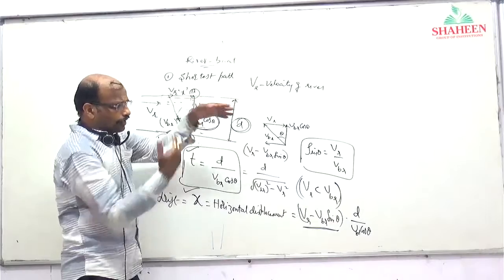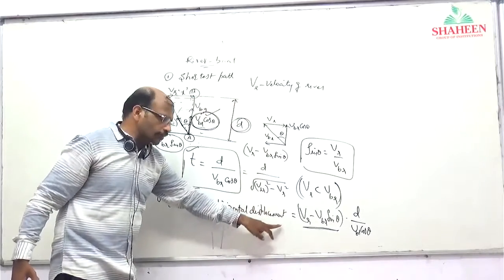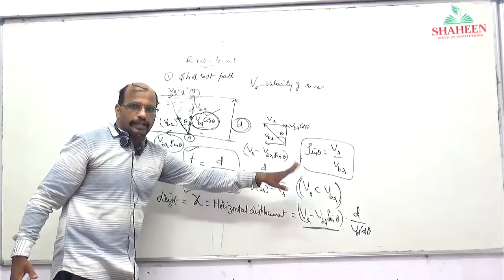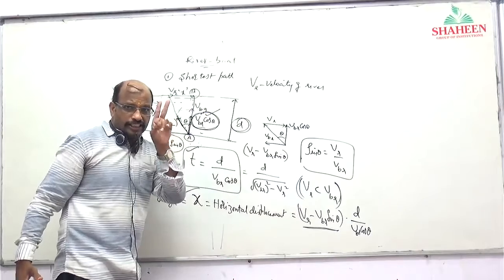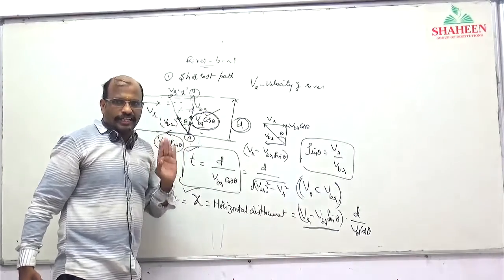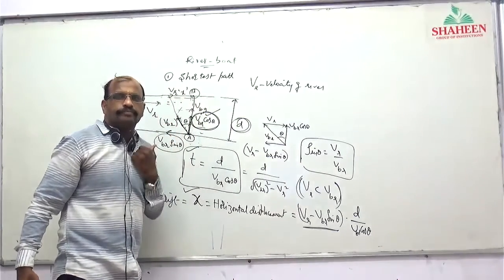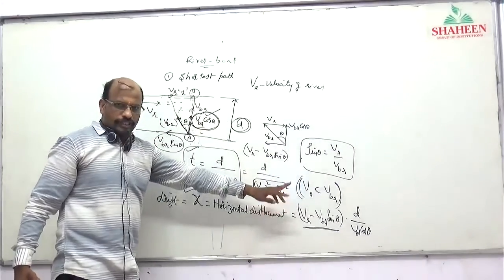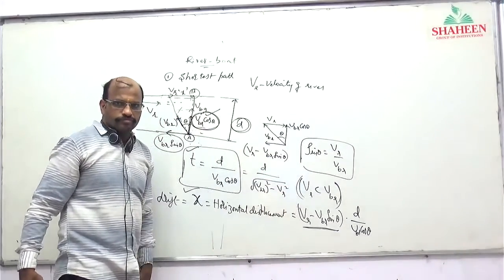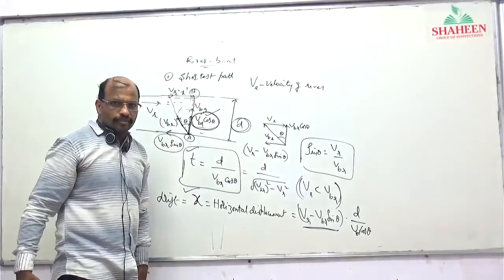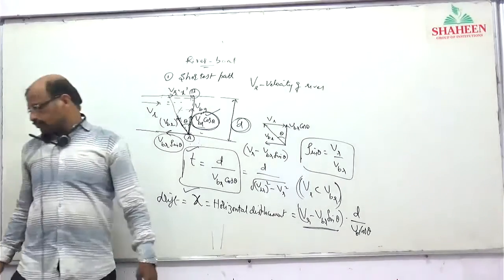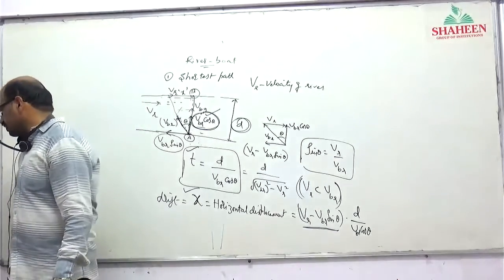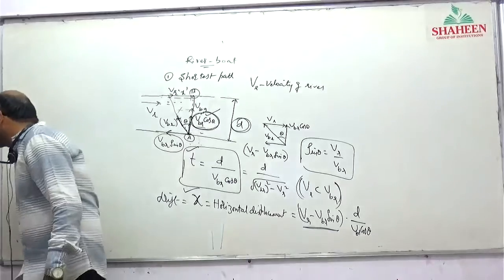The resultant horizontal component will be VR minus VBR sin theta, into time. Time taken in both cases is the same. Finally, it is reaching from point A to point B. So time taken to make the horizontal displacement is d by VBR cos theta only. Is it clear? Please copy it now. Those who have not understood yesterday, I'm making it clear.